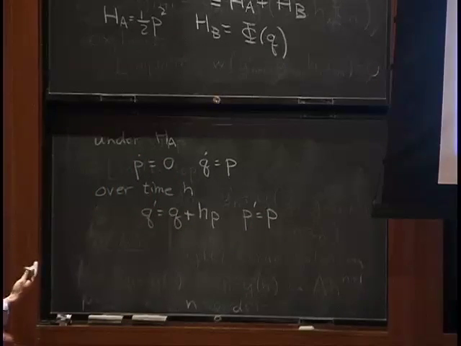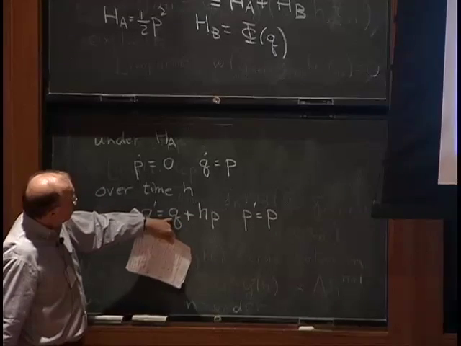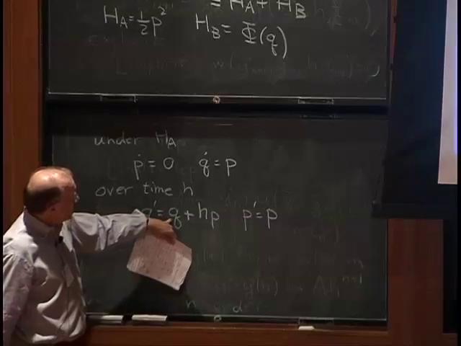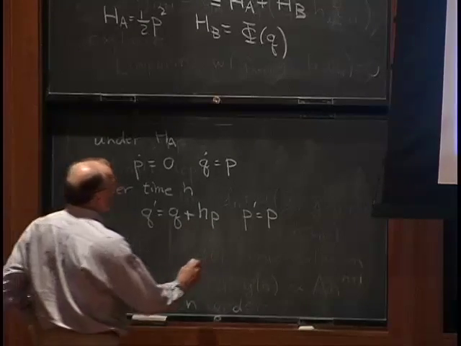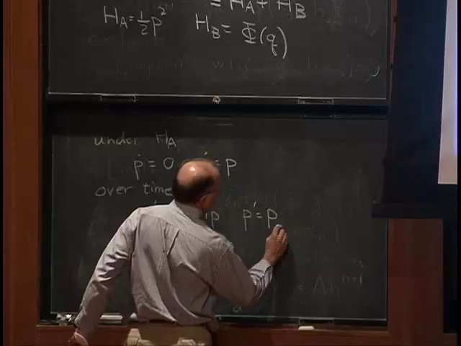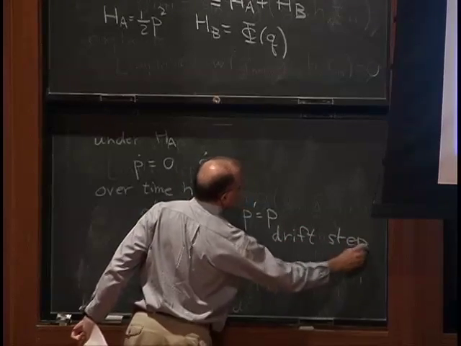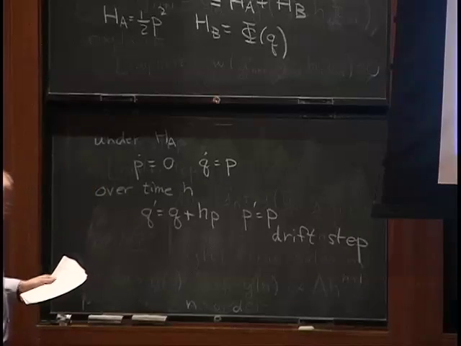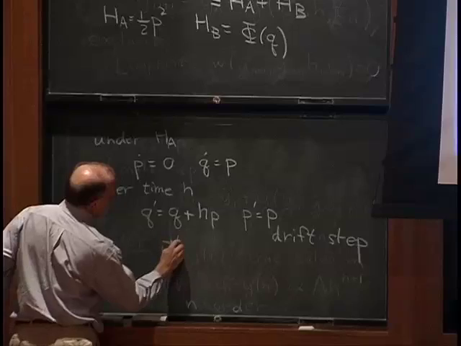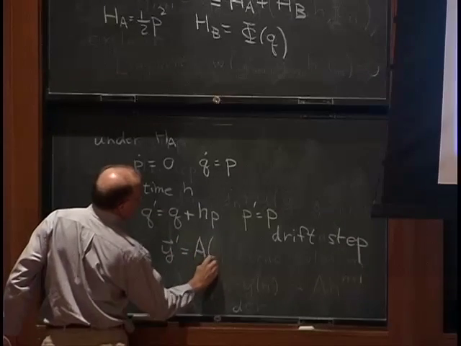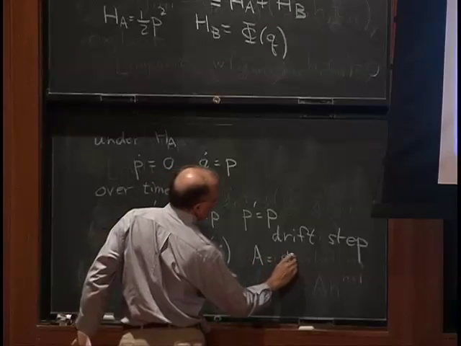And this should look familiar, apart from the difference in notation from position and velocity to coordinate and momentum. This is simply one drift step. Or maybe a little more mathematically, I'll say that y prime is some operator A of y, where A is the drift operator.